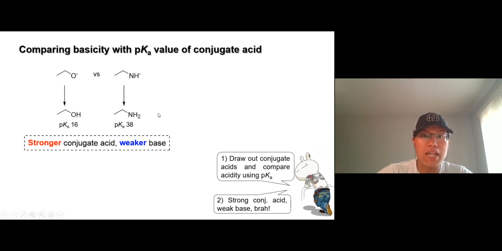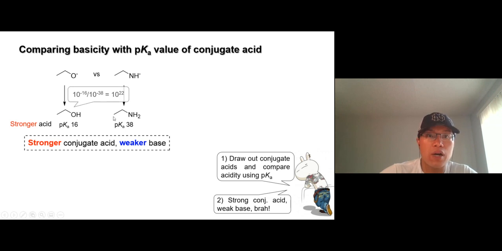Now, obviously, alcohol is more acidic, but just on a side note, how much more acidic is it? Well, pKa 16 is a Ka of 10 to the negative 16th, right? A pKa of 38 is a Ka of 10 to the negative 38th. So 10 to the negative 16th over 10 to the negative 38th, that's 10 to the 22nd times, millions upon millions times stronger acid than ammonia.